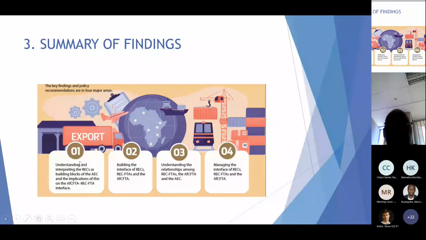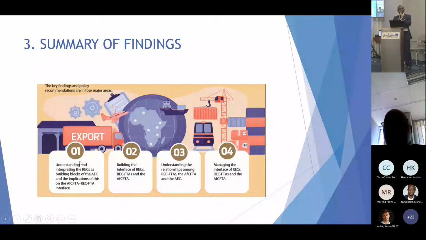Of course, we are now talking about the relationship between the CFTA and the RECs, but we have come up with recommendations for the African Union, the African Union Commission, the RECs, the CFTA Secretariat, as well as member states. But now let's begin with the recommendations to the African Union.